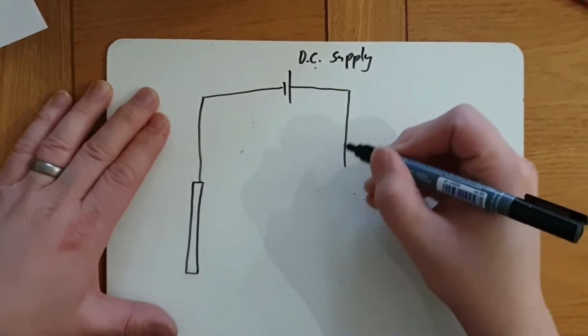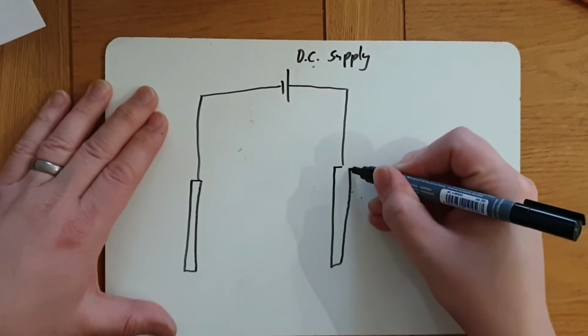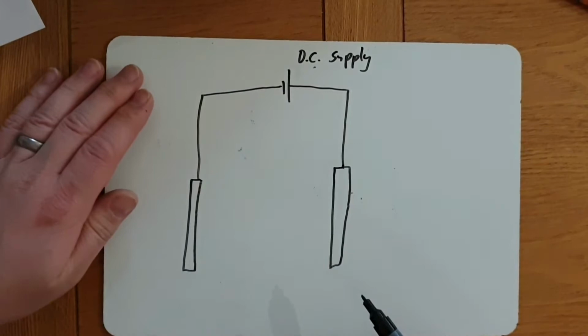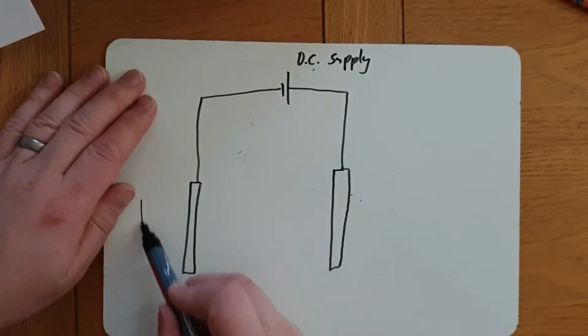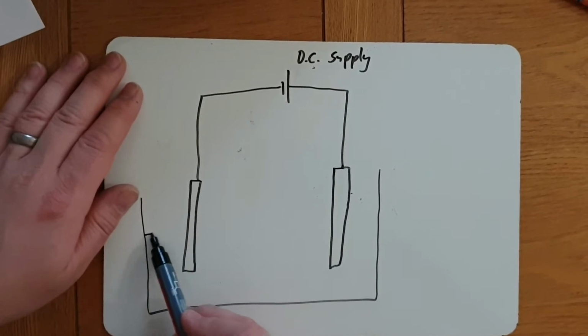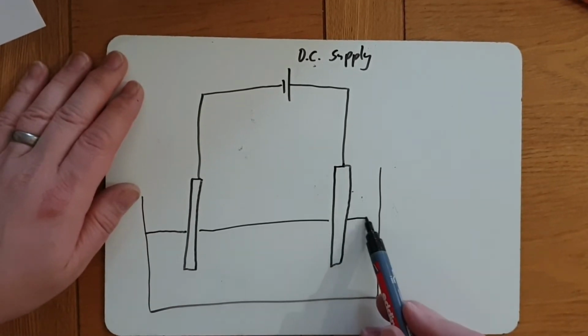You can use lots of different things, but the most common one is graphite. So graphite conducts electricity and it's not particularly reactive. And then we'll put this in our container, and then we're going to add our electrolyte here.